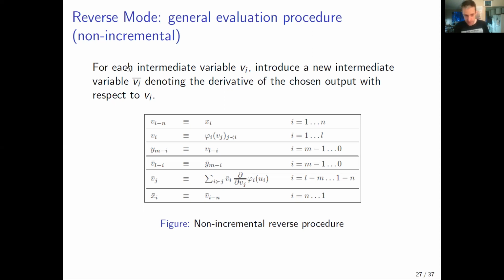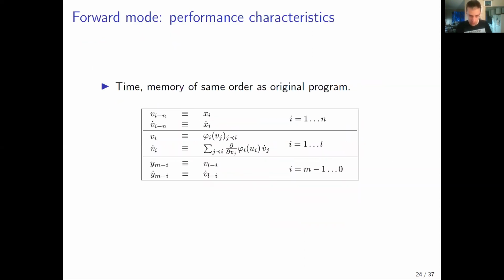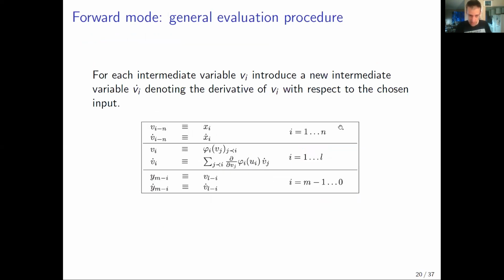Okay, so now let's examine in a bit more detail this transformed evaluation procedure. The first thing to note is that there's a contrast between the forward mode evaluation procedure and this. In the forward mode transformed evaluation procedure, recall that we were interleaving extra steps. For each original step, we added one extra step immediately after.